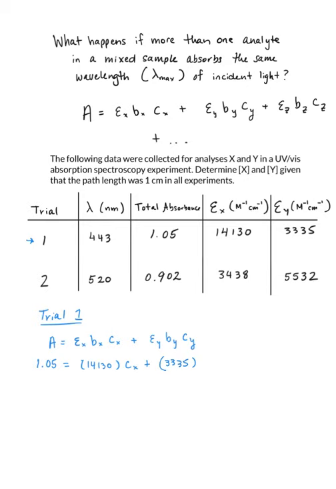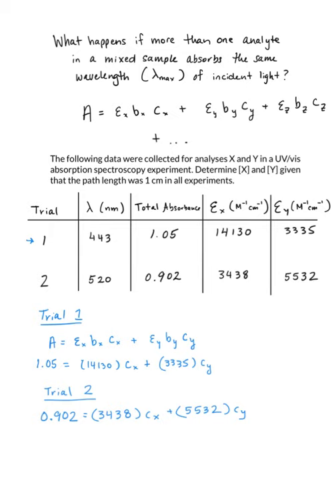Again, our path length b is 1, and our concentration of Y remains unknown. Similarly, we can develop something for trial 2 that looks like this. We take advantage of this same equation, just apply it to a different wavelength used in trial 2. Because this is a non-destructive technique, our concentrations should be the same in both trials for X and Y, respectively.